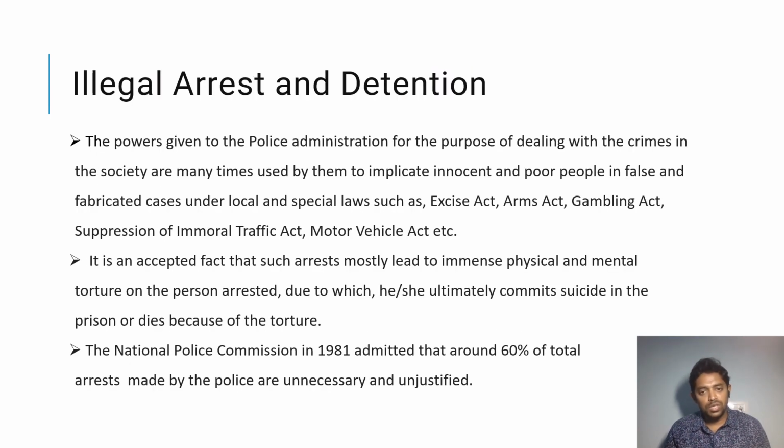The powers given to the police for the purpose of dealing with crimes in society are many times used by them to implicate innocent and poor people in false and fabricated cases under local and special laws such as the Excise Act, Arms Act, Gambling Act, Suppression of Immoral Traffic Act, Motor Vehicle Act, etc. It is an accepted fact that such arrests mostly lead to immense physical and mental torture of the person arrested, due to which he or she ultimately commits suicide in prison or dies because of the torture.